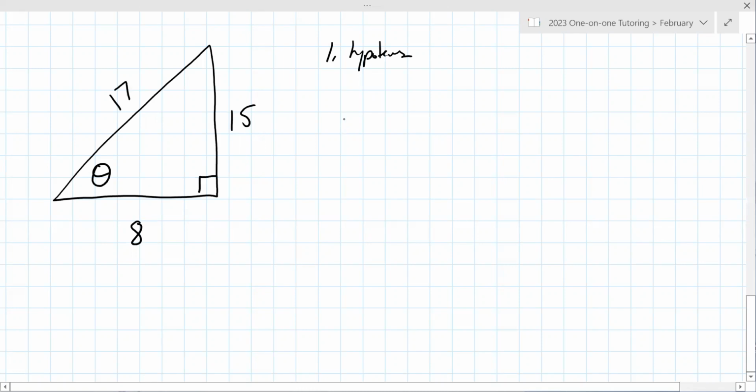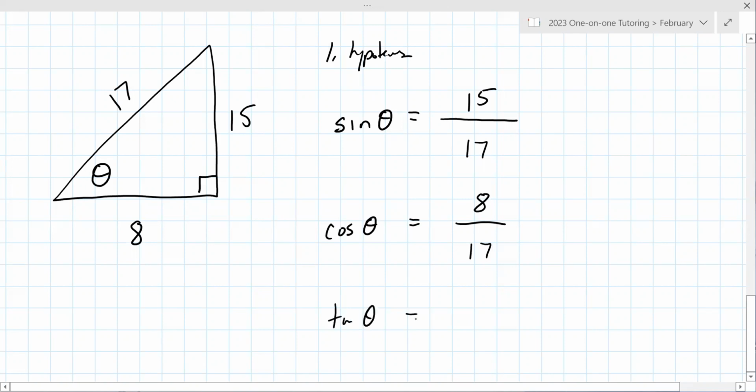And the sine is opposite over hypotenuse: opposite is 15 and hypotenuse is 17. And then for the next one, the adjacent over hypotenuse. Adjacent is 8 and hypotenuse is 17. And for the final one, opposite over adjacent, which is 15 over 8.